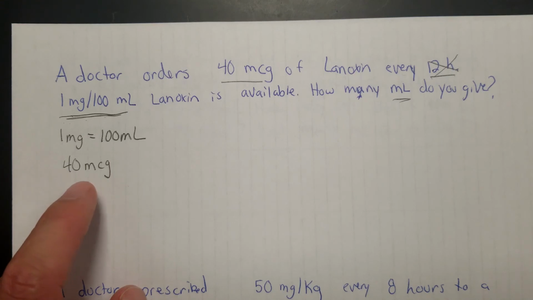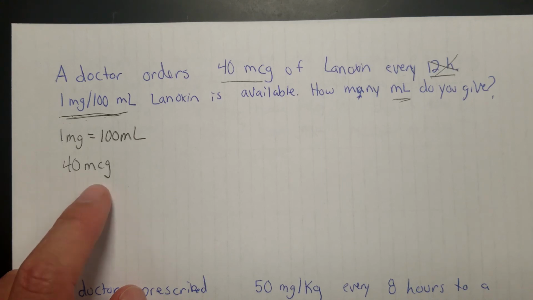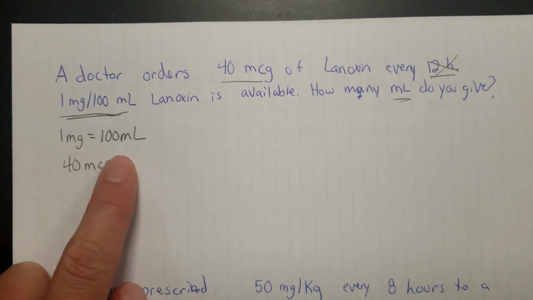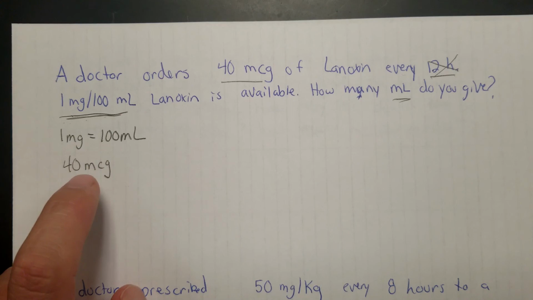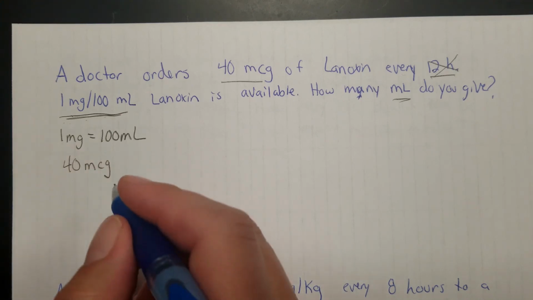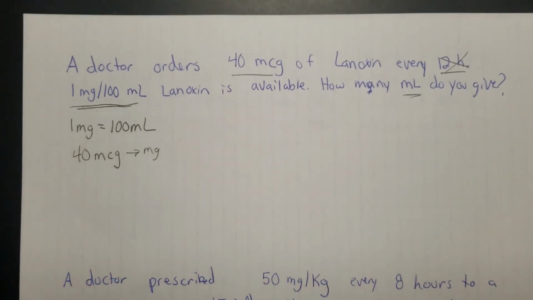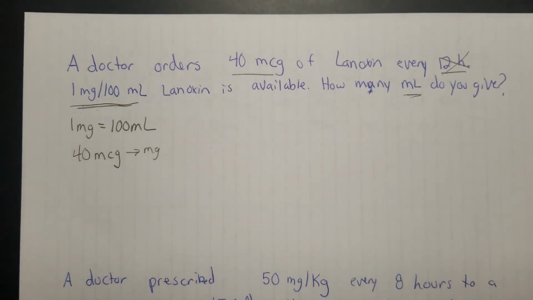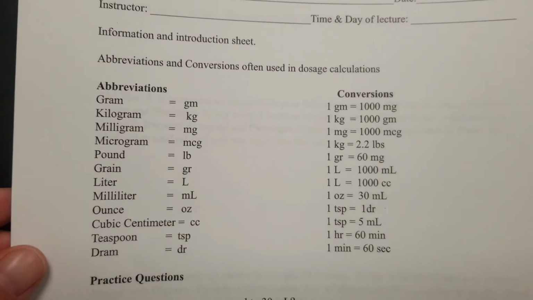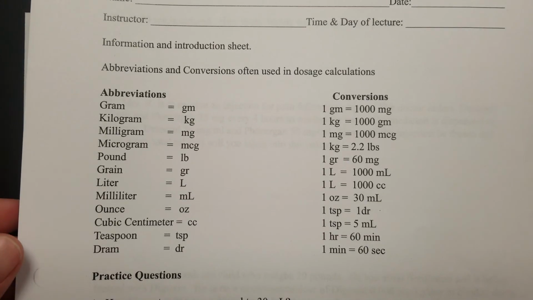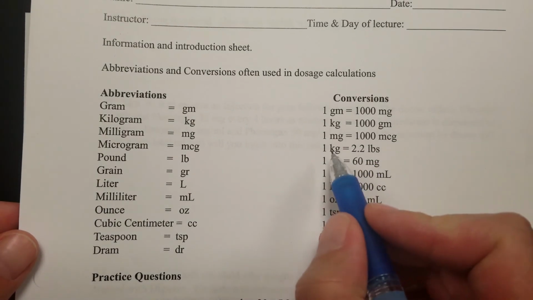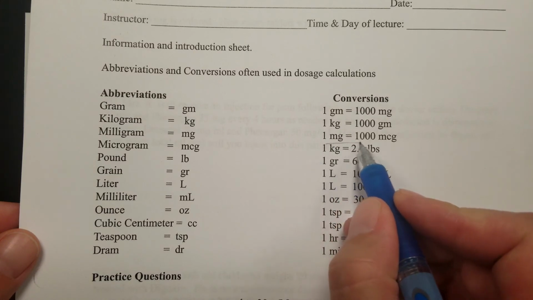Now we don't want mcgs, a microgram. We want milligrams to use this conversion factor. So we're going to have to convert mcgs to milligrams. That's where this chart's going to come in handy, because we have micrograms and milligrams right here.